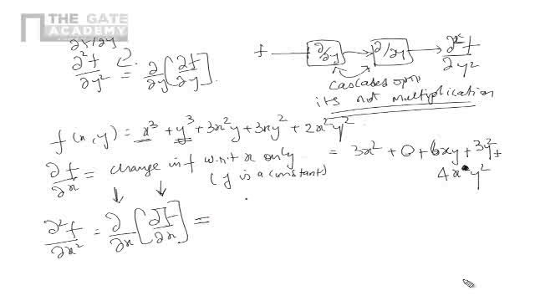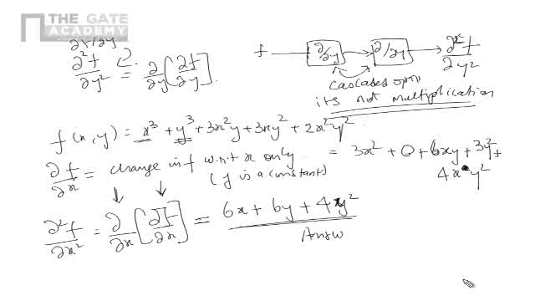That is, I get 6x plus 6xy will give me 6y, 3y² is a pure y term, it will go off, and 4xy² will give 4y². This is the answer. I leave the algebraic simplification to you.